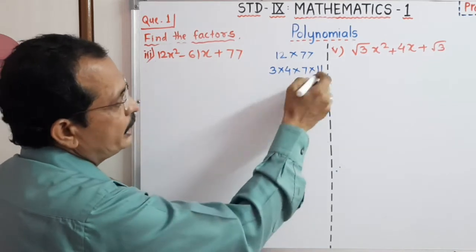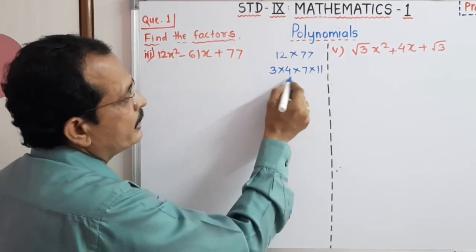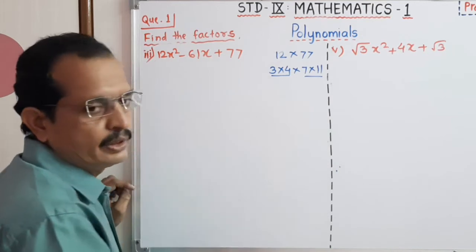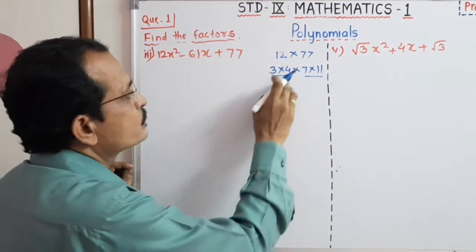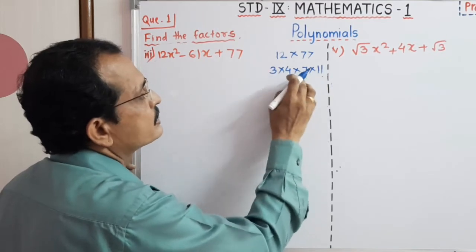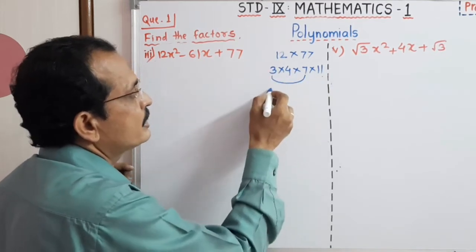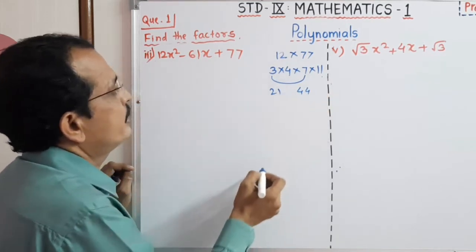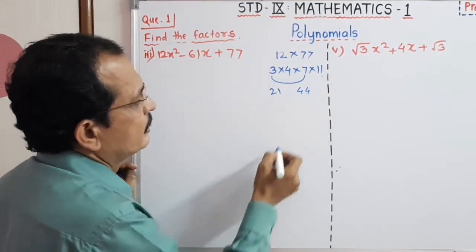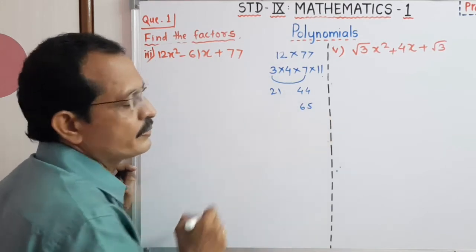Now choose any two of these. Suppose we take here 12 and 77. If we make the addition, it will not be 61. Then choose another. Suppose we choose 7 3s are 21 and 11 4s are 44. If we add, it is 65.